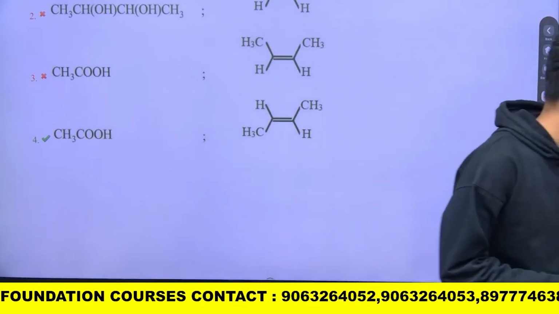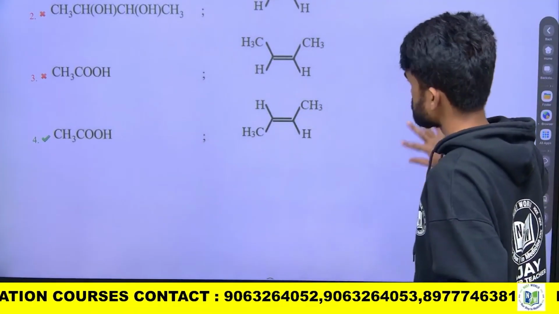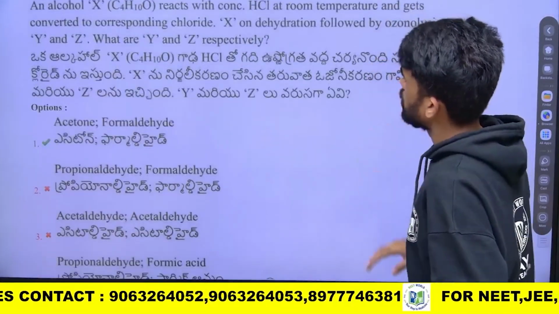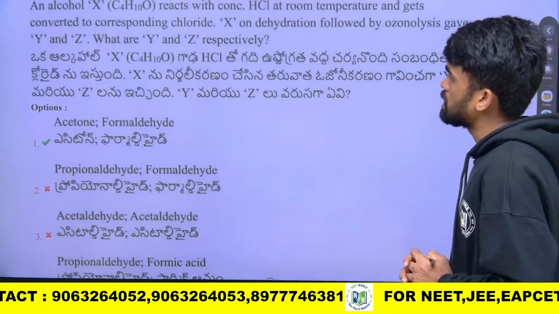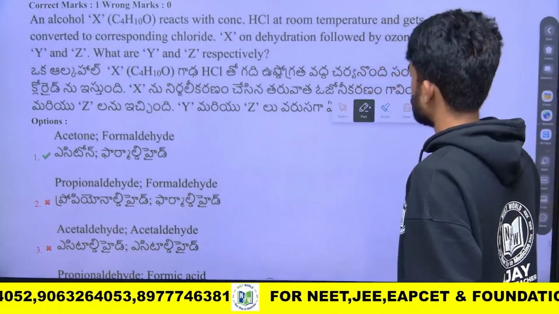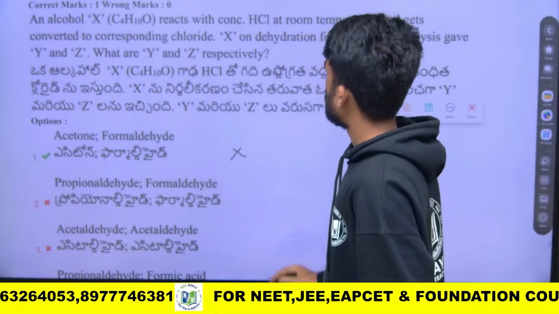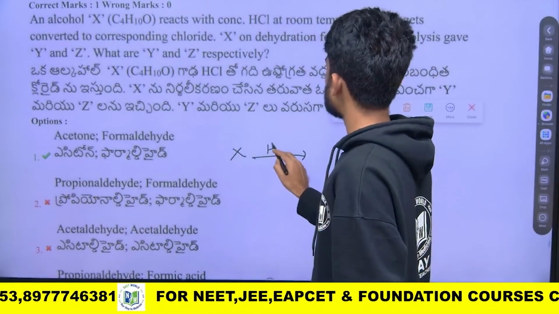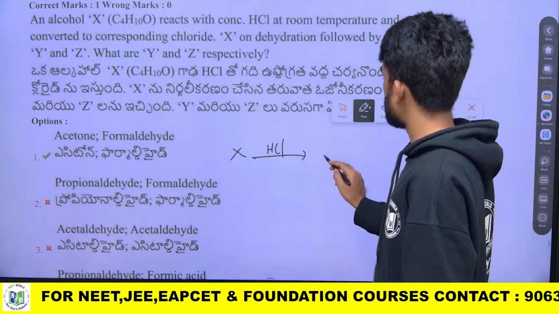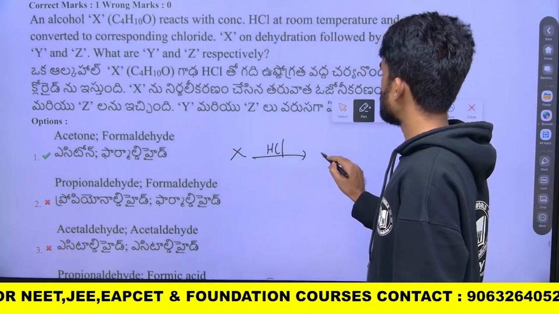Next. So there is an alcohol X, let us say. This is treated with HCl at room temperature and gets converted into the corresponding chloride. So we will get some alkyl chloride here.